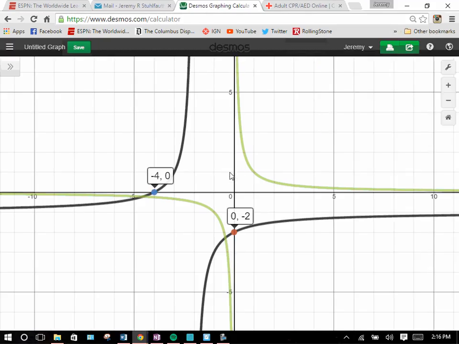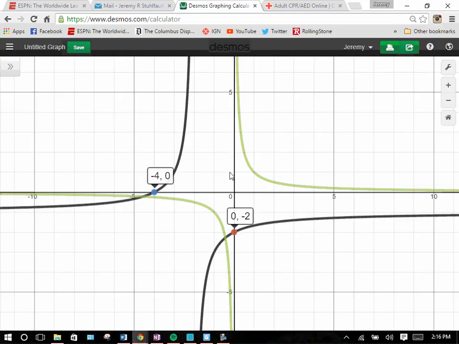So the green graph is 1 over x. Michaela noticed that this graph typically has a part of it up here, in this quadrant. So she noticed it reflected. The y values all reflected. So that tells us we're going to have a negative out in front. We got negative f.